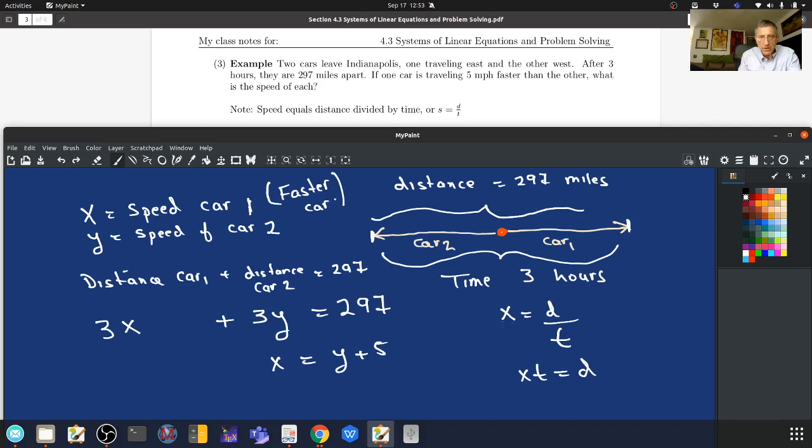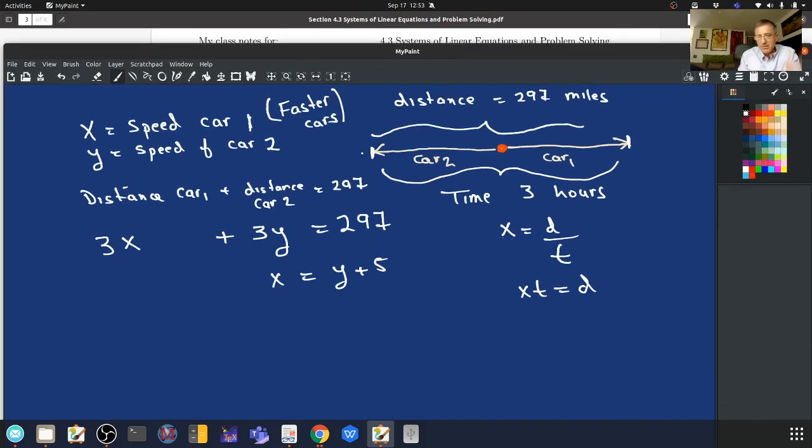Now, of course, my drawing here suggests that maybe they're moving at the same speed, but we don't want to put too much into the drawing. It just helps us get things like the total distance and the total time.